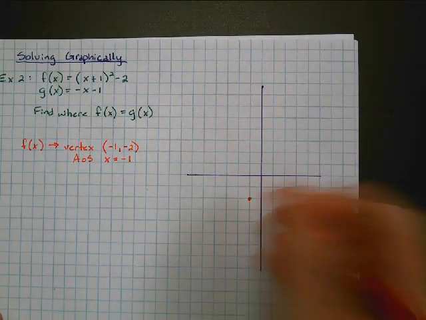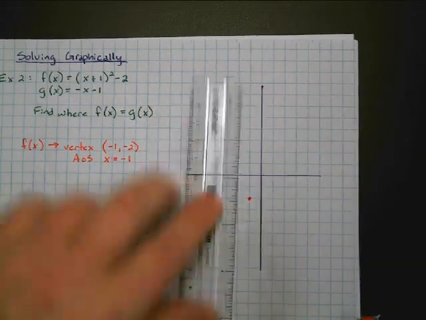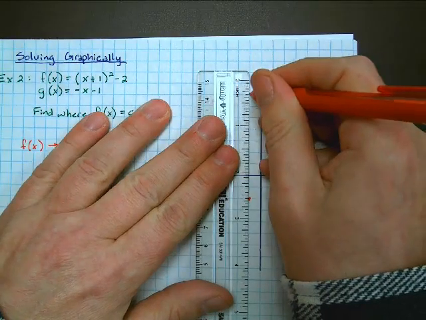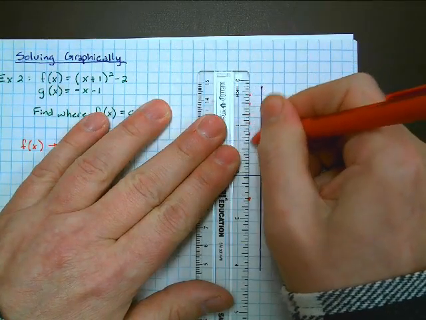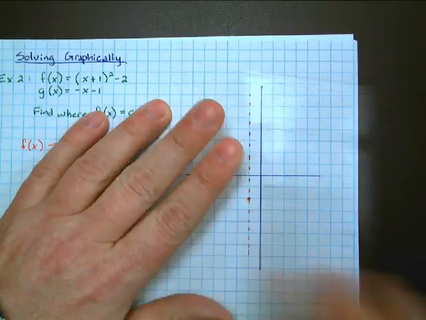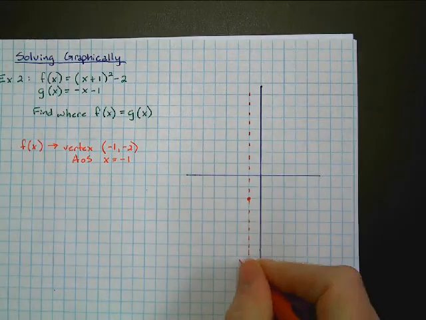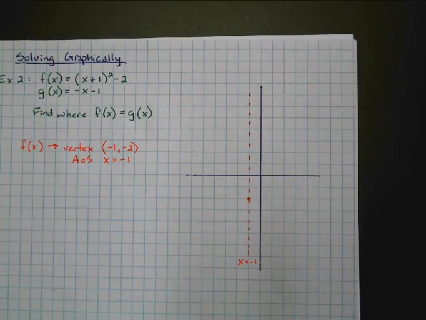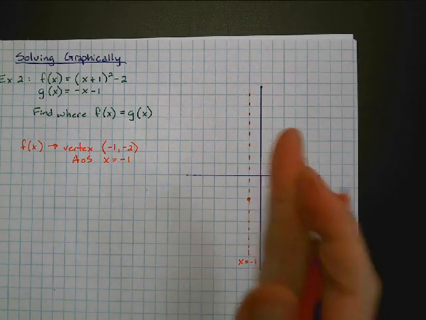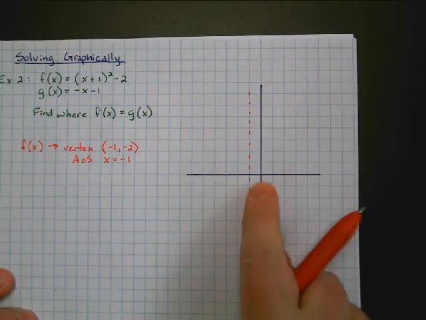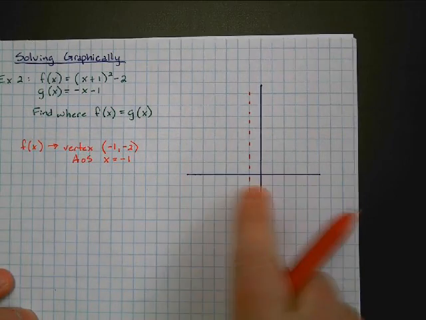There's my vertex. That means my axis of symmetry is going directly down it. So there's the line x equals negative 1. I usually like you guys to have 5 points on there. Now let's plug in 0 for x and see if I can get a point on this side, because it'll give me a point on the other side.